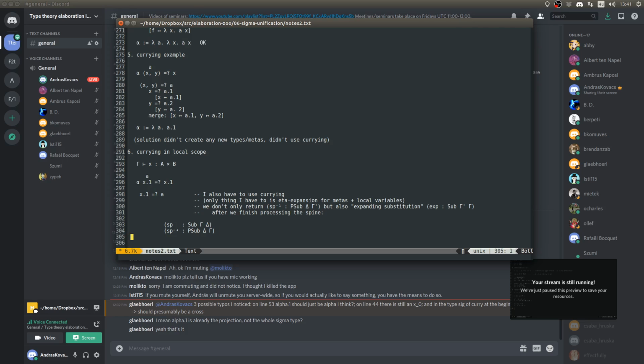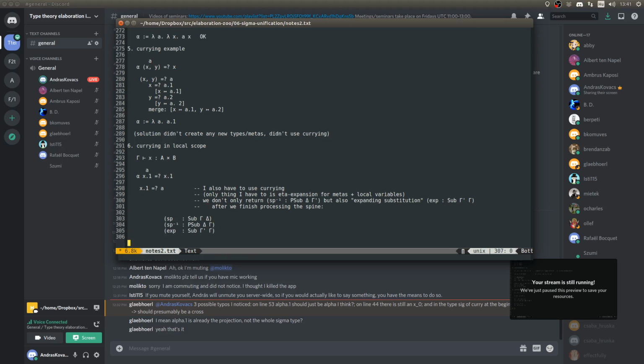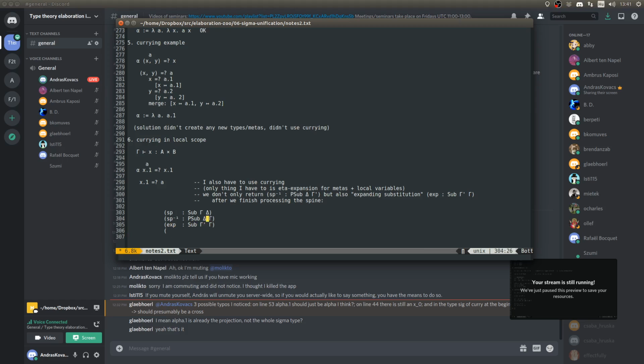But now I also want to have an expansion which goes from gamma prime to gamma. Then maybe this should go into gamma prime.